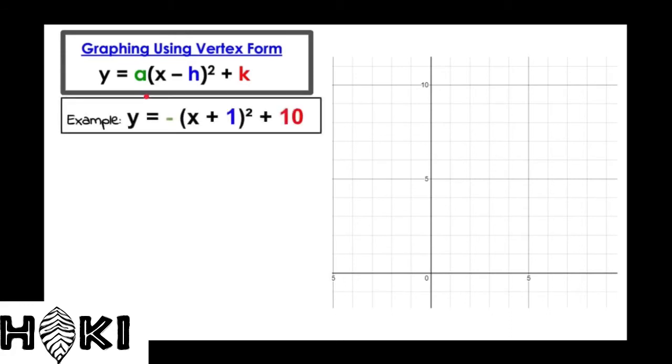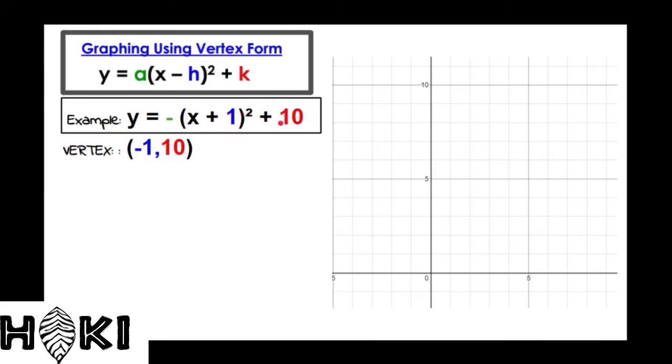So this example, y is equal to negative (x plus 1) squared plus 10. So first, let's identify the vertex. Since the vertex is (h, k), you can see here that we can easily get the h. Again, when identifying the h, we just get the opposite of the sign, which is negative 1.